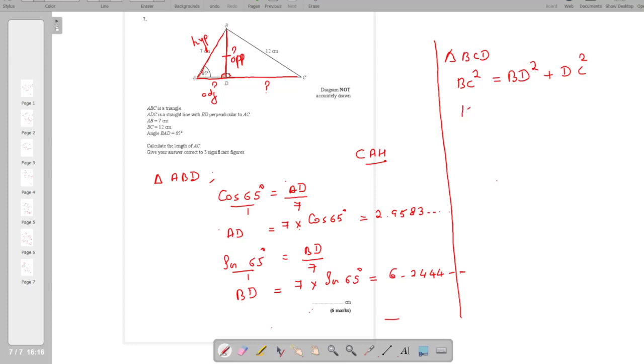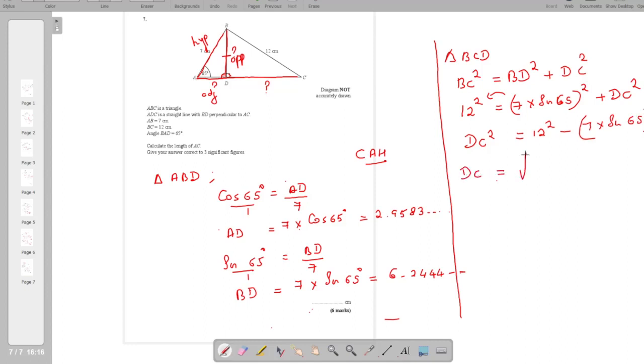BC squared is 12 squared. BD squared is, we could keep that, 7 times sin 65 squared plus DC squared. Therefore DC squared, you need to bring that this side, 12 squared minus 7 times sin 65 squared. So DC will be square root of 12 squared minus 7 times sin 65 squared.